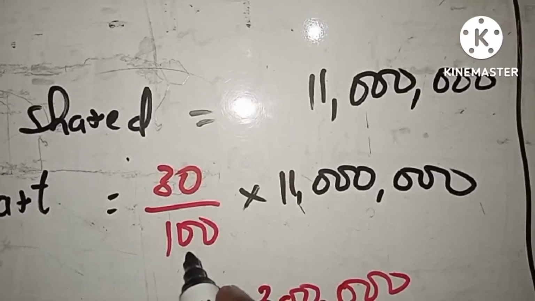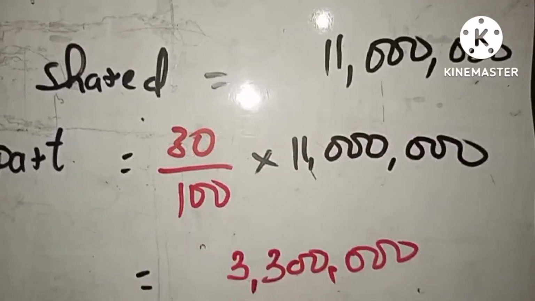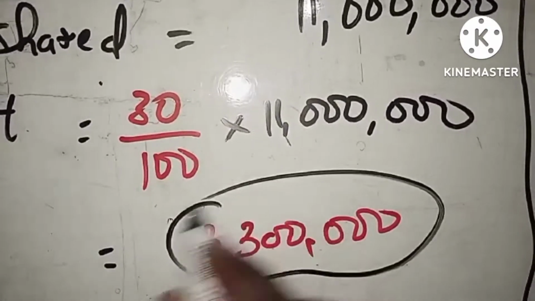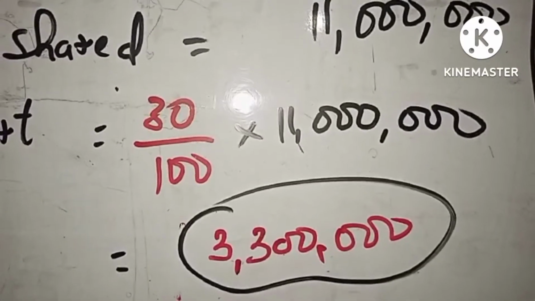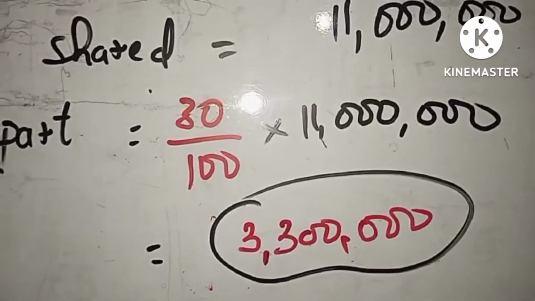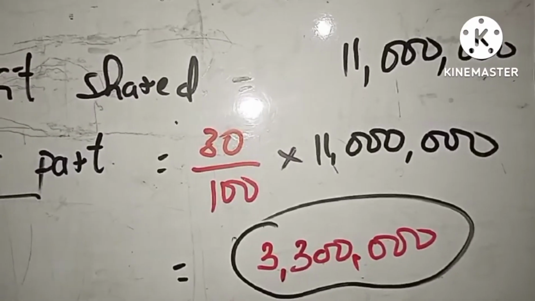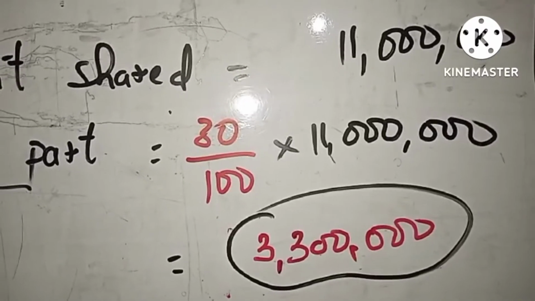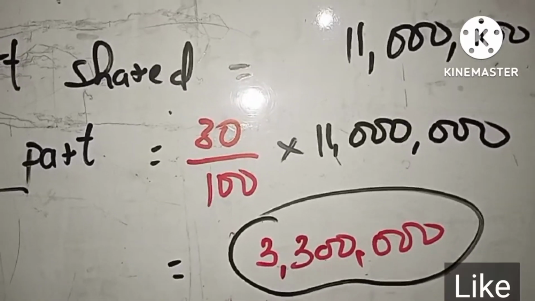So 30 over 100 multiplied by this amount is what Amos is taking. This is very simple and straightforward. Just write everything step by step, systematically, and then you arrive at your final answer, whatever they're asking you to find.